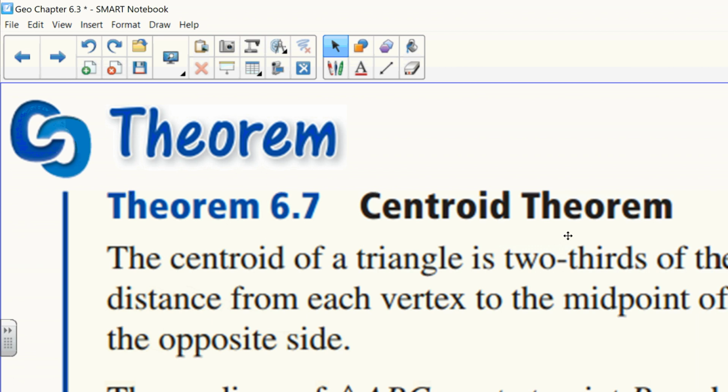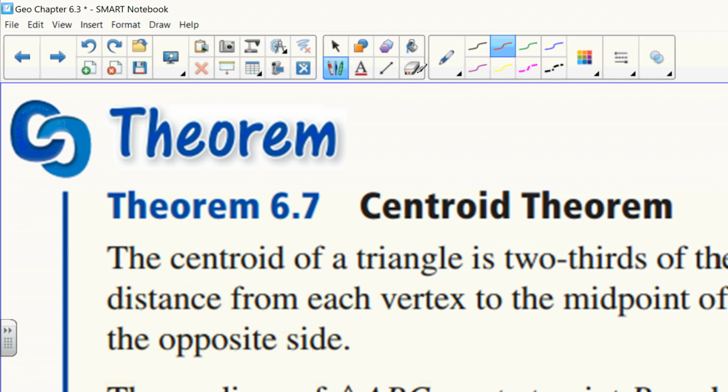Two of them make up the whole bigger segment. So what this tells us is that the smaller segment is equal to half of the bigger segment, or the bigger segment is equal to twice the smaller, because there are three of them that make up the whole. That's why we're dividing into 2/3 and 1/3.